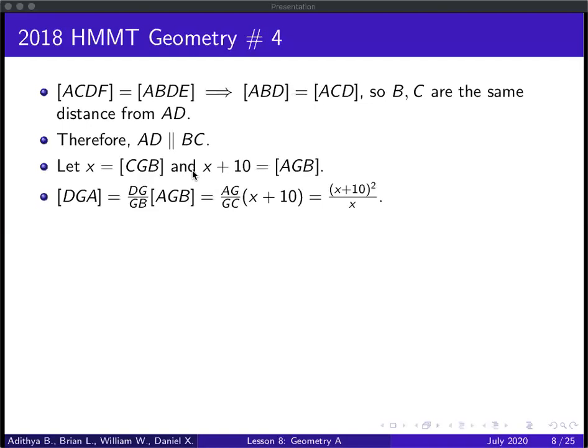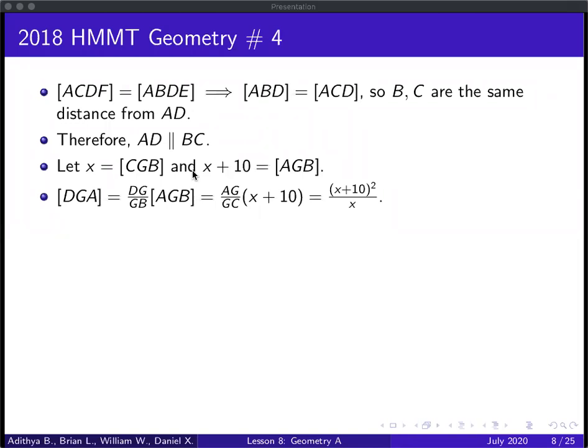DG to GB equals AG to GC, because we have these two parallel lines, AD and BC. We have DGA is similar to BGC, because we basically just have angle similarity.